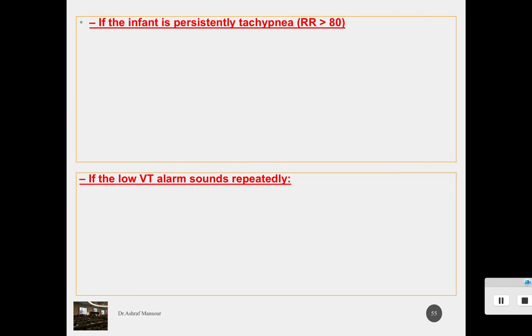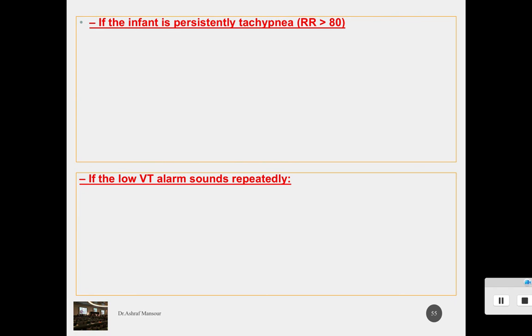So the solution here is supporting the baby more. Increase the tidal volume. After you increase the tidal volume, the baby will settle in the rate. So sometimes the baby is tachypneic and washing out CO2, so don't extubate the baby before checking the other parameters. See your baby, see the work of breathing, the trend, the measurements and the other curves, to know how much MAP he is selecting, and that the baby needs more support by increasing the tidal volume to minimize his respiratory rate and his activity and become more synchronous with the ventilator.